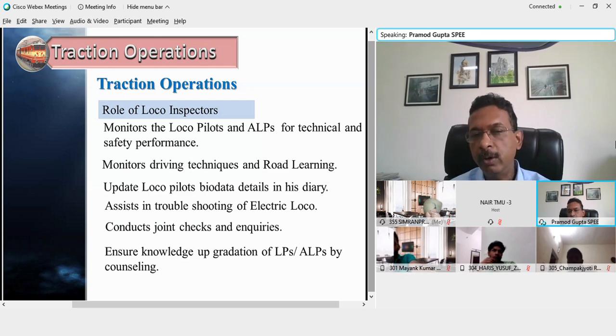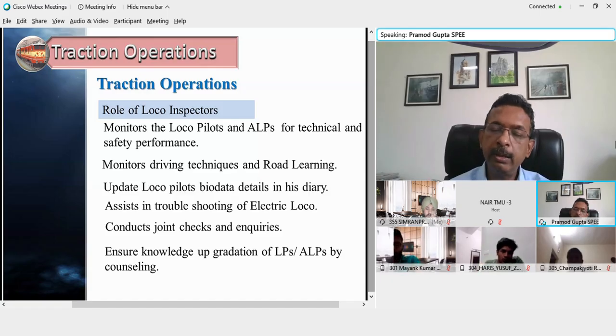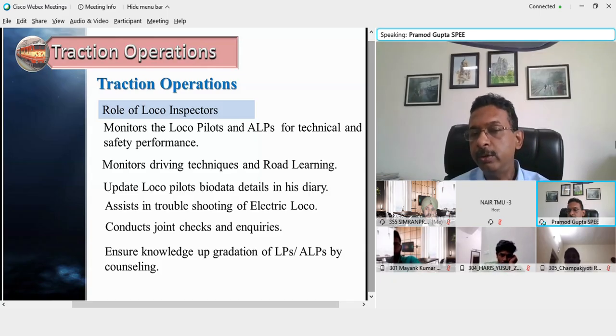They should not have caused any accident or derailment during the entire service, and they must not have overshot any signal which is at danger. So their past record should be very good, and along with it, they should also have very good sound technical knowledge regarding the operation of the locomotive and troubleshooting of the locomotive.